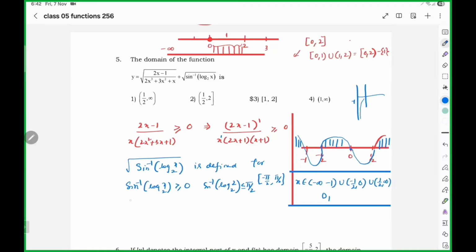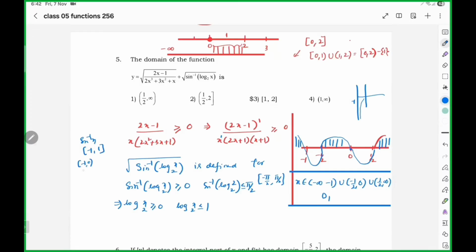Here it is, which implies log x to the base 2 should be greater than or equal to 0, and log x to the base 2 also must be less than or equal to 1. Last class we discussed its domain is minus 1 to 1.